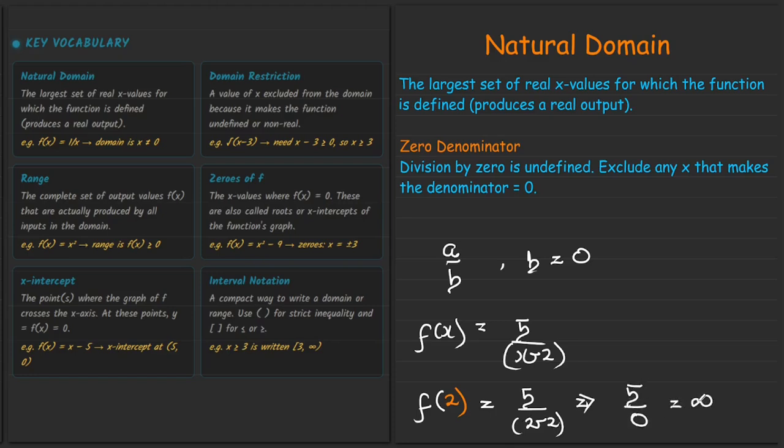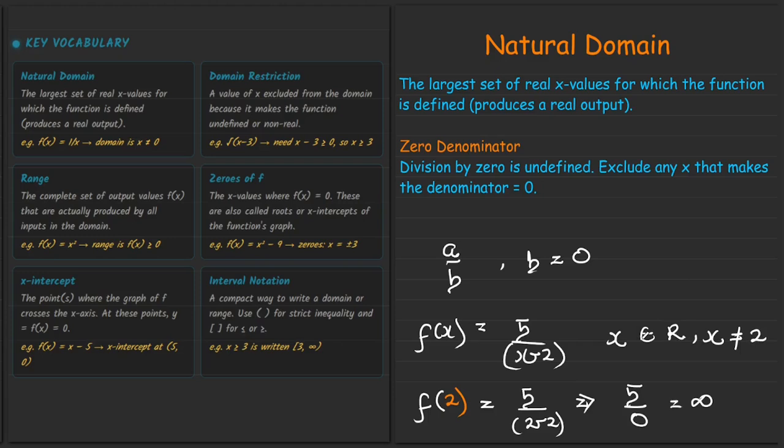This is what? Undefined. And we don't want that to happen. So if we actually want the domain of this function, we can say the values of x are all elements of R, but then x should not be equal to 2. You see, we'll be solving more of this, but then this is just to explain what the concept means.